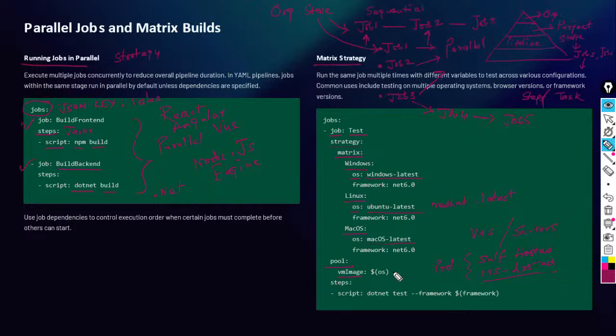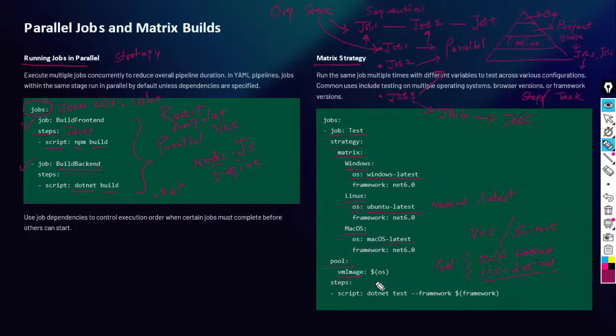So if my software is deployed over Windows, then the OS is Windows latest. If it is on Linux, it will be Ubuntu. If it is on Mac OS, so it is asking Microsoft to host a server depending on the OS or the platform, based on this strategy.